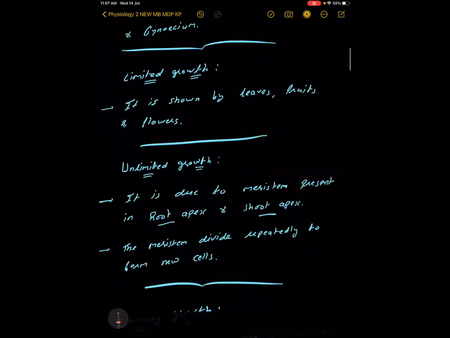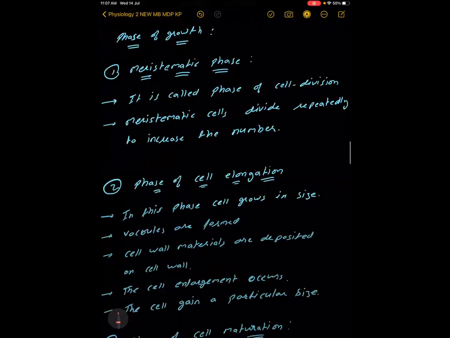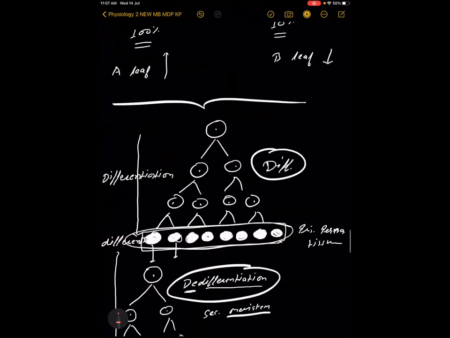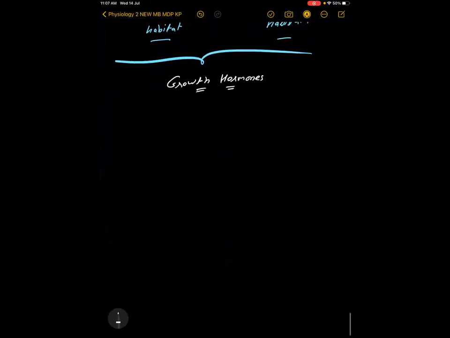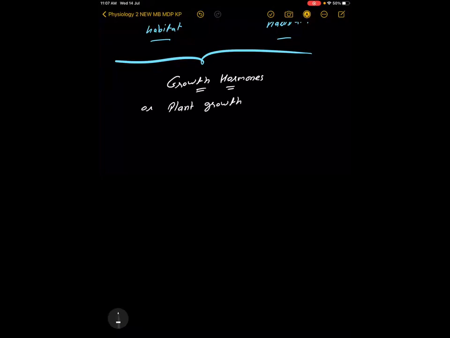Fine. Now the next part of growth and development is growth hormones, or they are called plant growth regulators, PGR.